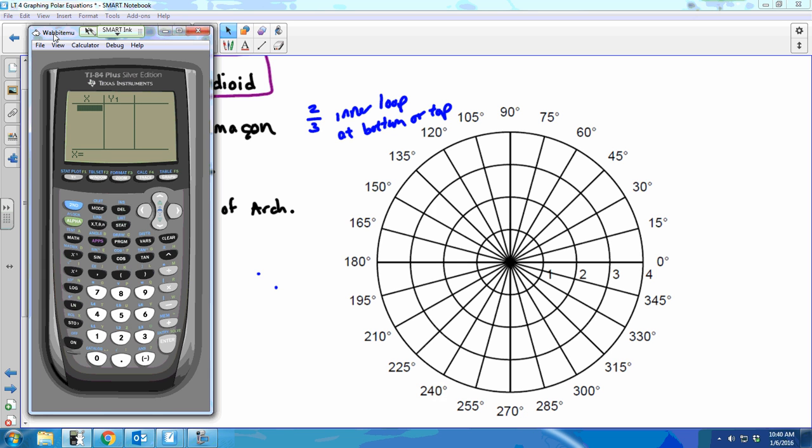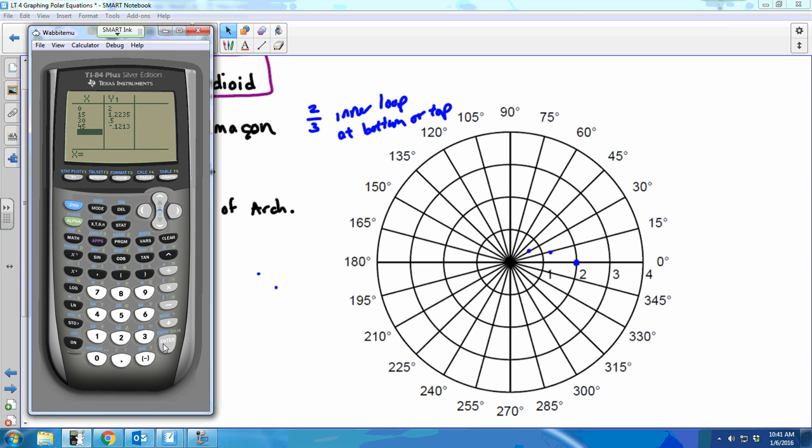I'm going to start at 0 and just see what happens. Okay? So 0, I have a point at 2. 15, 1.22. 30, 0.5. 45.